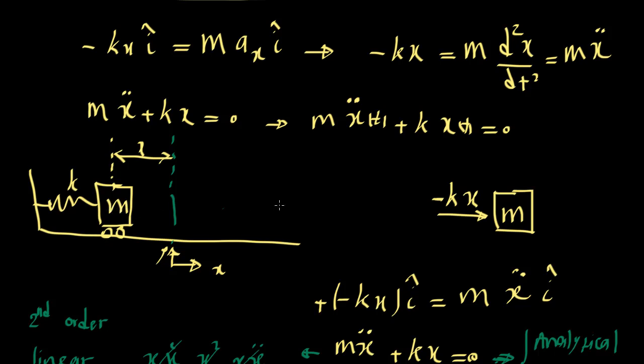So if the particle is just going to the right, the force that the air resistance exerts on the particle would be in the leftward direction because it wants to resist the motion. So if the particle is going to the right, the force of air would be in the leftward direction. And if the particle is going to the left, the force from air would be in the rightward direction. So that's for the direction of the force that air molecules exert.